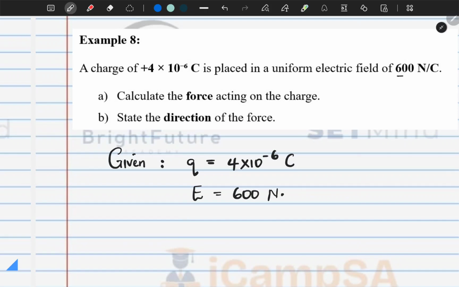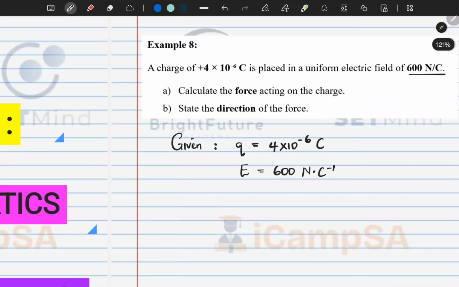Remember what I said? This is the same as this, right? So now we are asked to find the force acting on the charge and also determine the direction of this force.